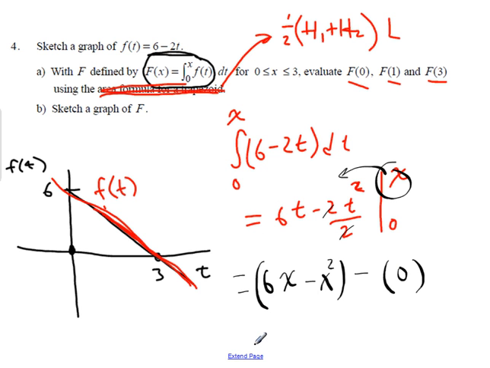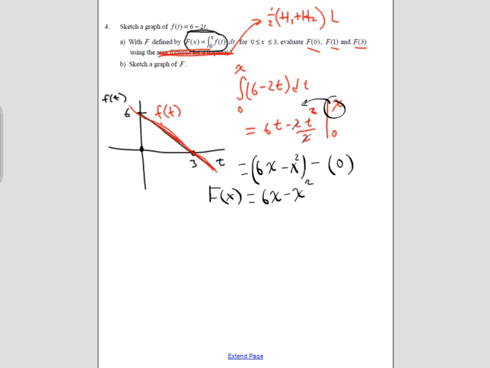So this now, this is my expression for big F of x. Big F of x equals 6x minus x squared. So if I wanted to find F of 0, plugging 0 in, you just get 0 back.